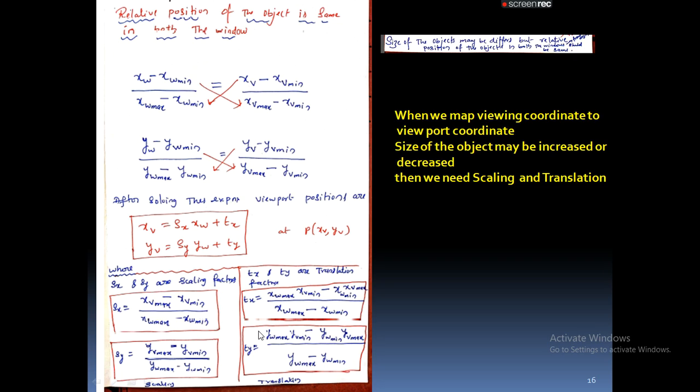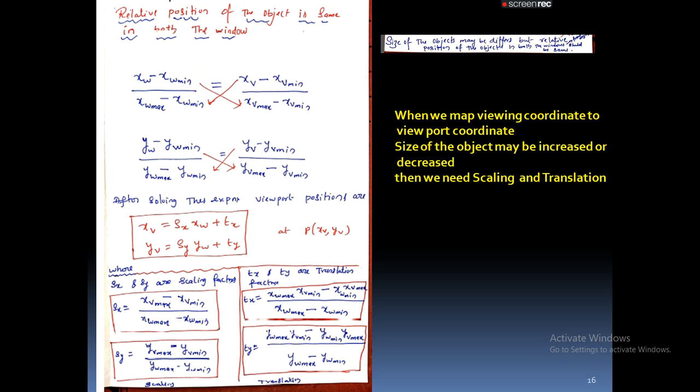When the viewport size is different from the clipping window, we need to display the image with respect to the viewport. After increasing or decreasing the size of the object, we need to translate the points in such a way that the pixel positions of the object exist within the viewport.